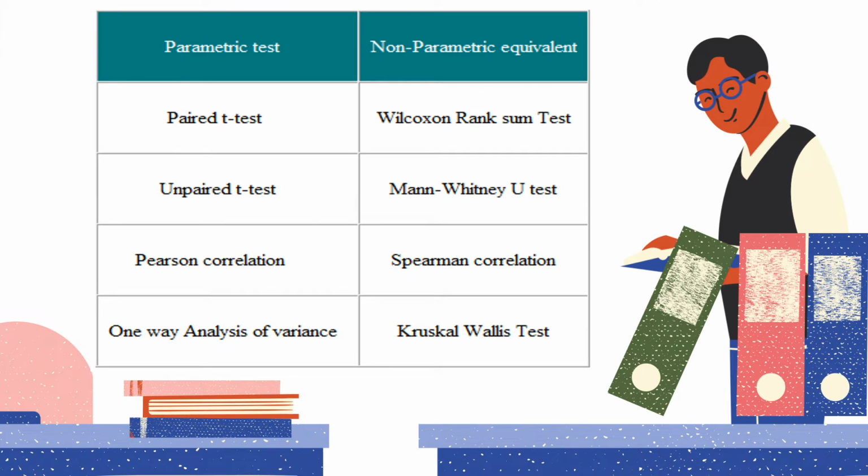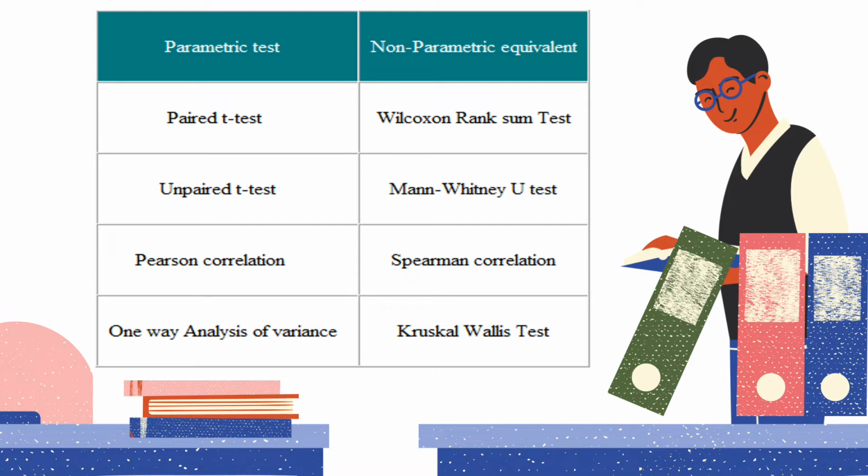Another consideration in choosing statistical tests is whether your data is parametric or non-parametric. There are statistical tests that are appropriate for parametric data sets and appropriate statistical tools for non-parametric.